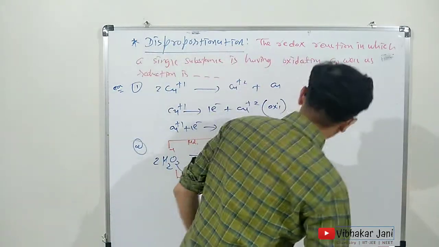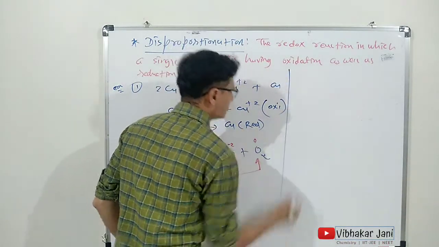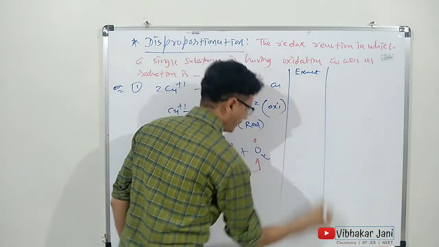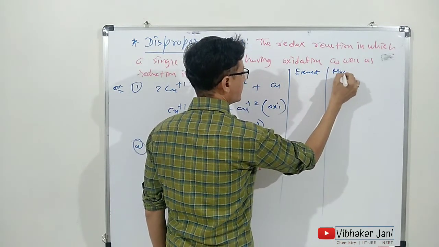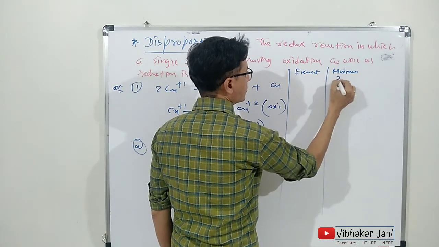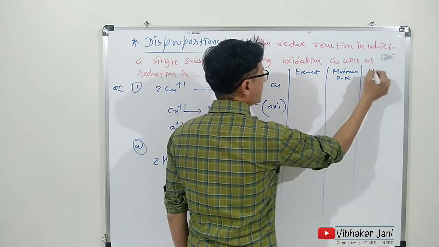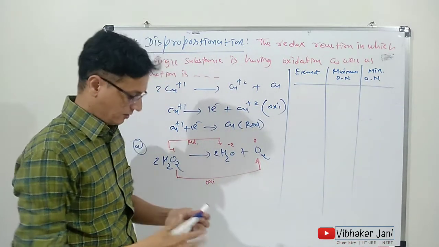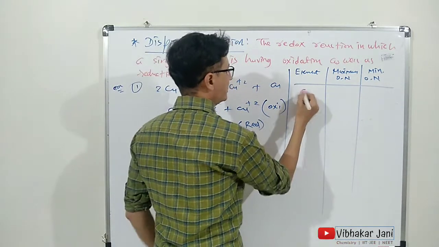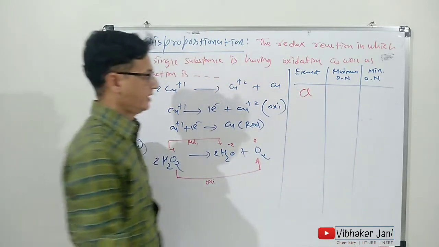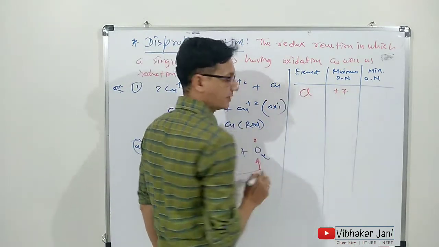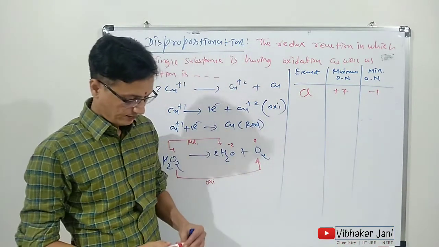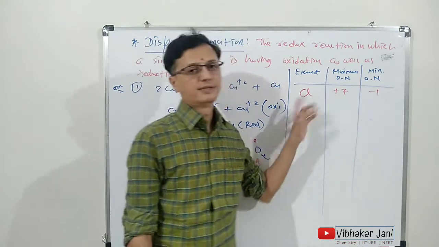Okay. So I will write the symbol of the element, its maximum oxidation number and its minimum oxidation number. If I say chlorine, then chlorine can have maximum +7 and minimum -1. You have to remember these things.